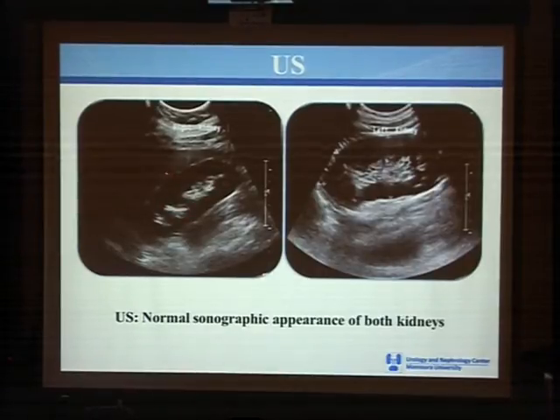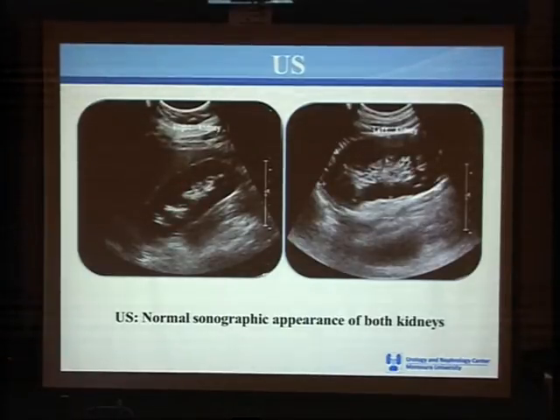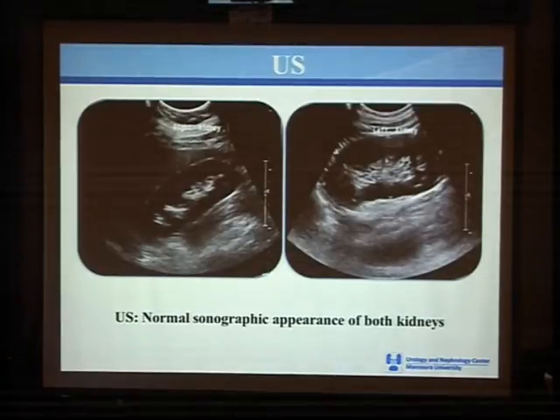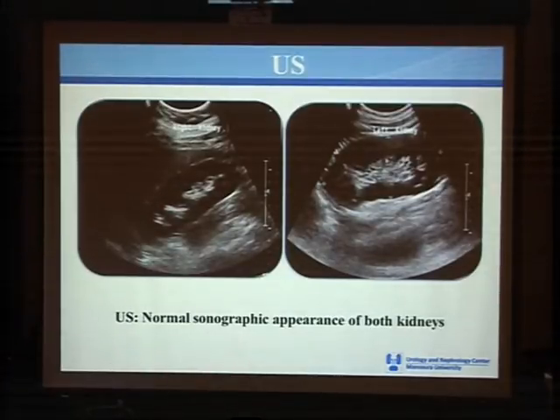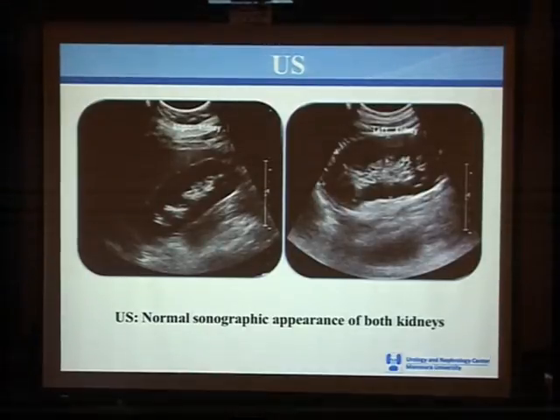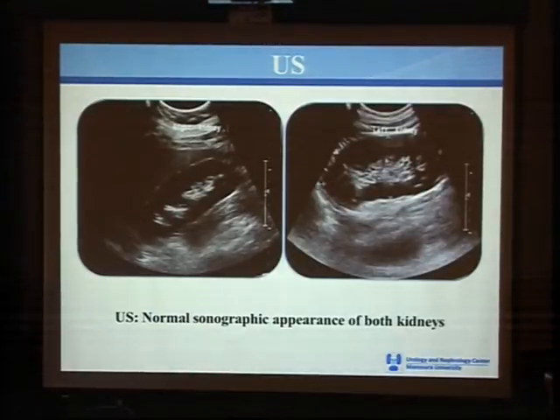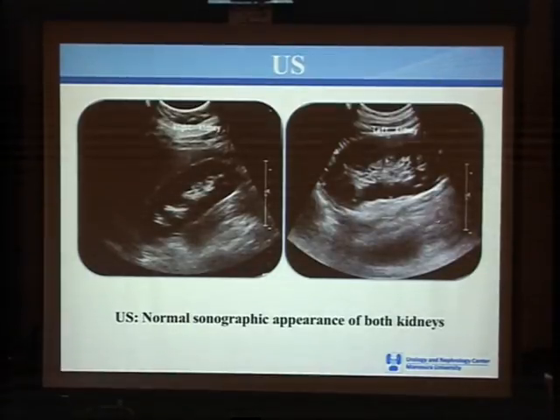Between the outer white and the inner white, this is the renal parenchyma. A perfect or expert ultrasonographer can give you a picture that differentiates between the cortex and the medulla of the renal parenchyma. And here is a normal other kidney.